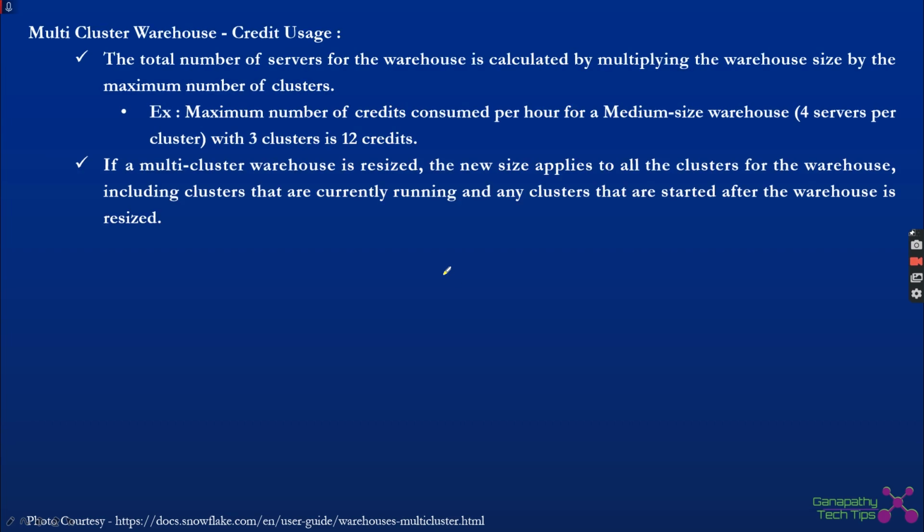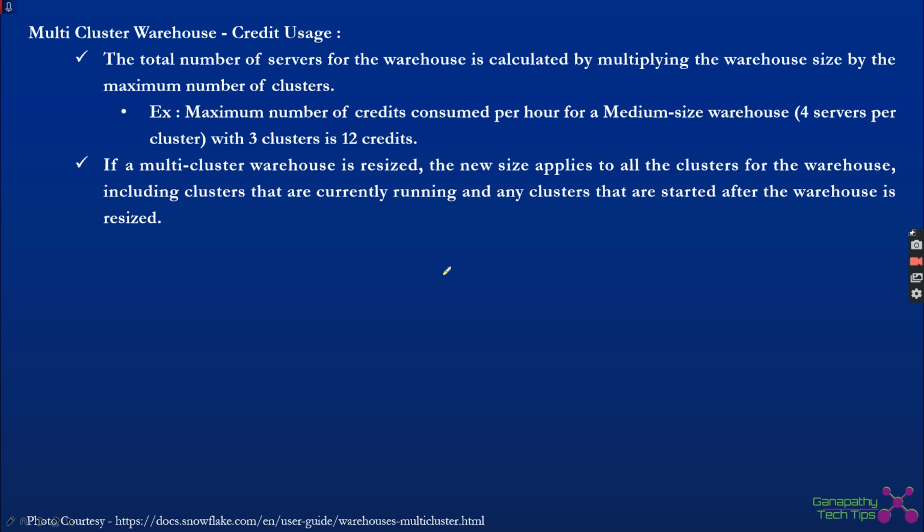And other things, we are going to discuss how the credits work for the multi-cluster warehouse. We discussed the multi-cluster warehouse as a scaling out option and how the credits are going to work. It is very simple to calculate: the number of clusters plus the warehouse size. As we already discussed, credits are tied to the warehouse size starting from XS to 4X large.